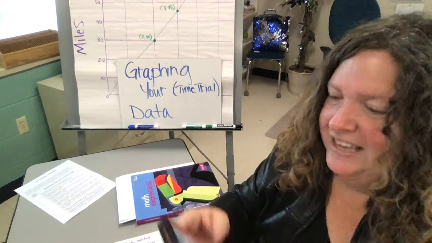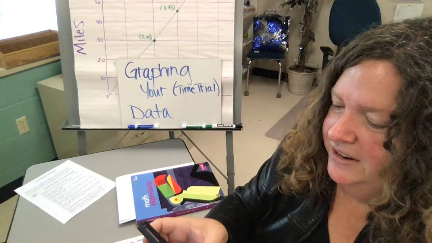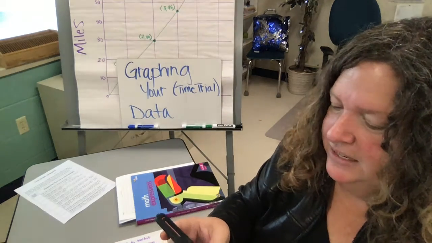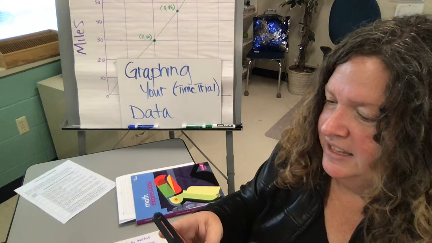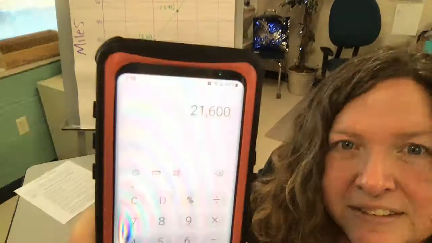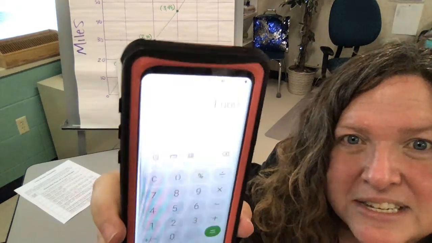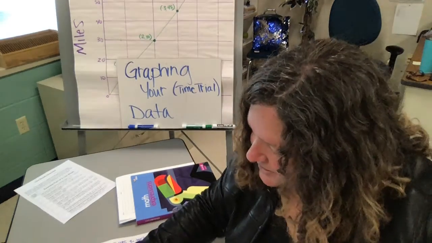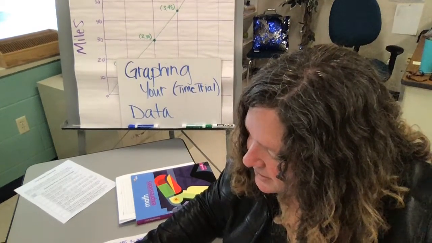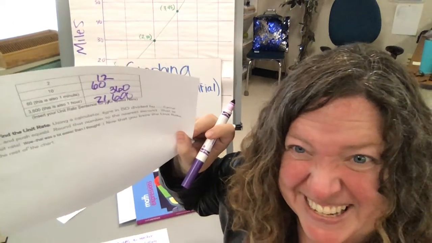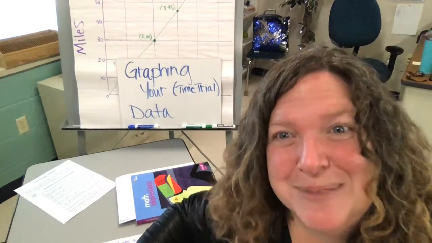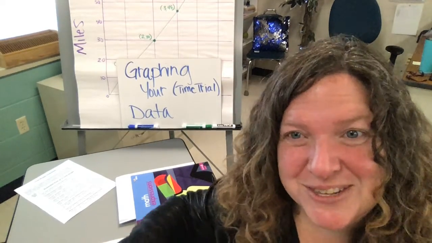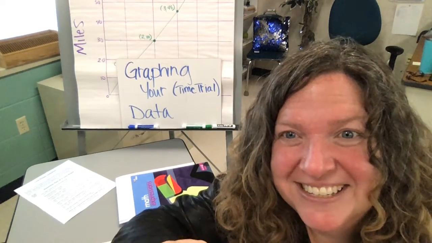So take out your calculator. 6 times 3,600 is 21,600. That's a lot of yards. All right, make sure you've done that so that you're ready for the graphing part.